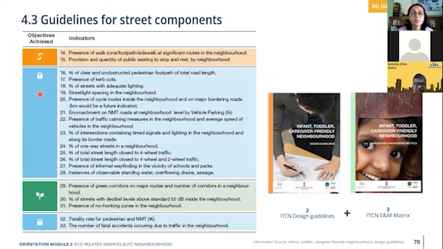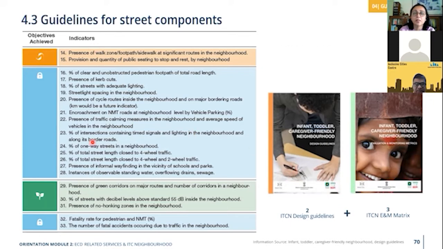Inclusive, safe. So if we just look at safe, it can have a percentage of one-way streets, all these ideas that we have discussed. These are the indicators which are listed in the ENM matrix here, and they need to be understood together with the design guidelines.